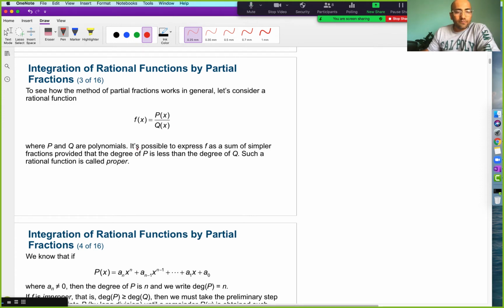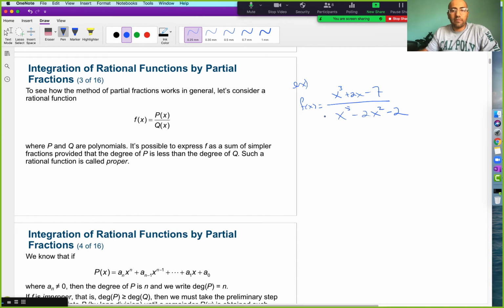Good? So at this point, when we're looking at proper fractions, we're looking at examples that look like this. So for example, it could be that f of x is equal to, I don't know, how about x to the third power plus 2x minus 7 divided by x to the fifth power minus 2x squared minus 2, for example.